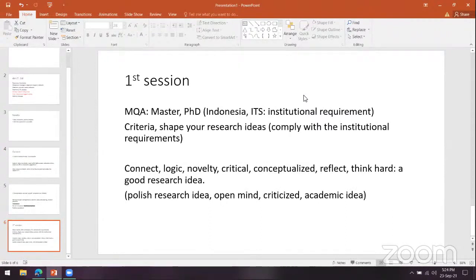Please find it out, your Ministry of Higher Education or at least your institution must have it, so that your idea can comply with that. I showed you the Malaysian parts already, and we also learned some keywords: connect, logic, novelty, critical, conceptualize, reflect, think hard, and a good research idea can come true, because we want to polish the research idea, remain open minded, allow for criticism, and build a good academic idea.